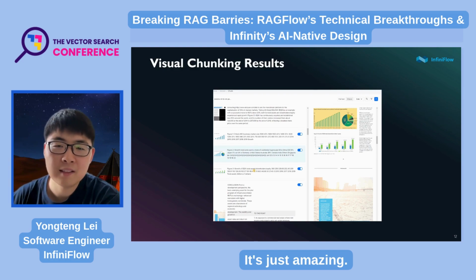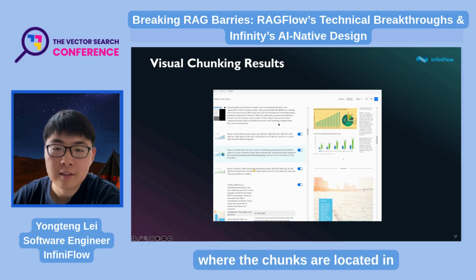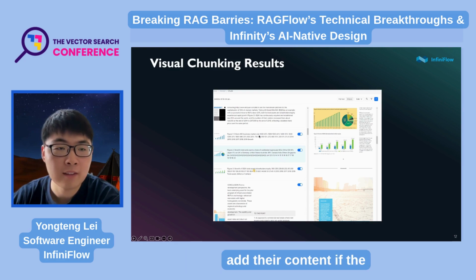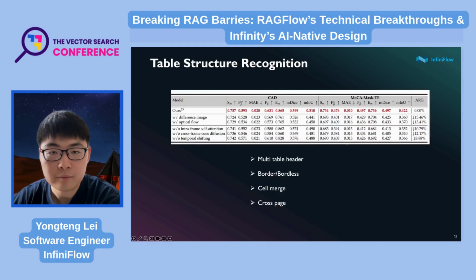I do think this is the most impressive feature of RAGFlow when I first look at it. It's just amazing. I mean, we can not only say where the chunks are located in the original document, but also can edit their content if the recognition is not satisfactory enough.